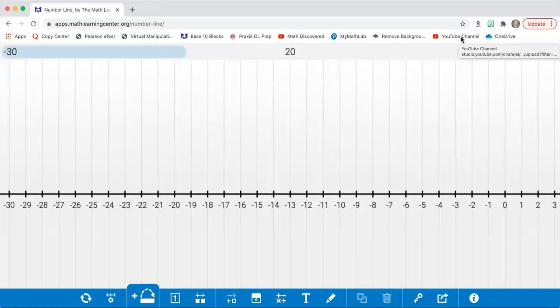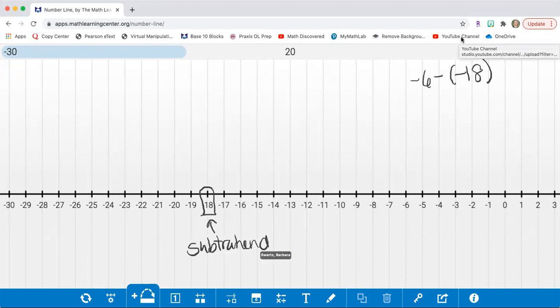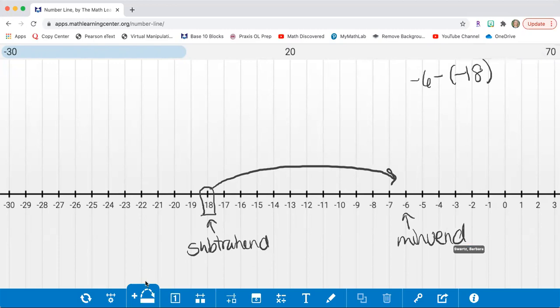The last one we'll check out is what if it was a -6 minus a -18? Again, the same rules apply. We're going to start at our subtrahend and then count to the minuend. And we can see now, again, we're moving in the positive direction from the subtrahend to the minuend.